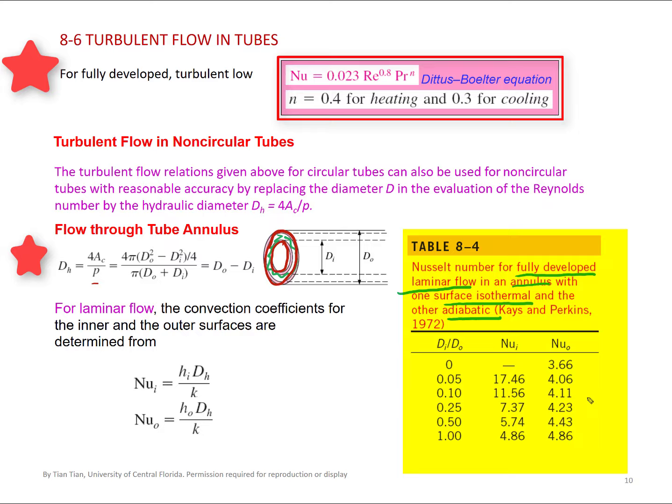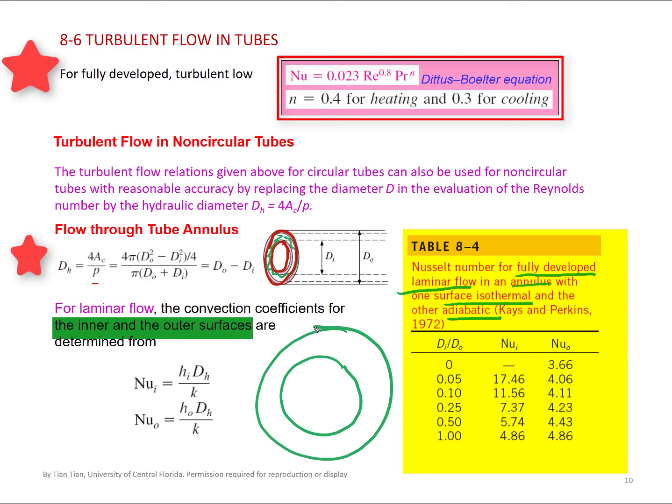For each Di over Do, we have 2 Nusselt numbers. One is for fluid near the inner surface. The other is for fluid near the outer surface. Say we have a fluid in this tube. If you are more concerned about heat transfer between the fluid and the inner surface, you should use this inner Nusselt number.